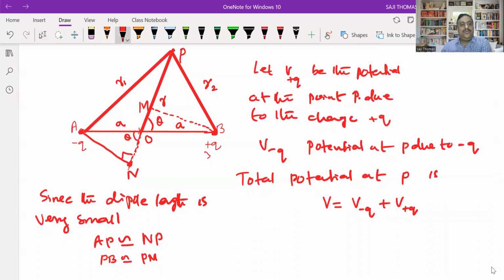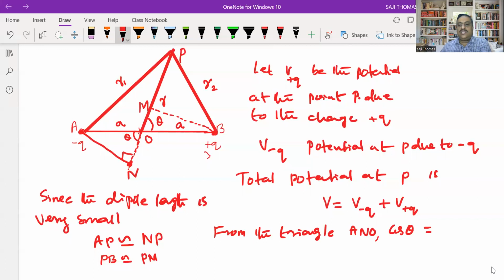Now consider the triangle ANO. From the triangle ANO you can find cos theta. What is cos theta?